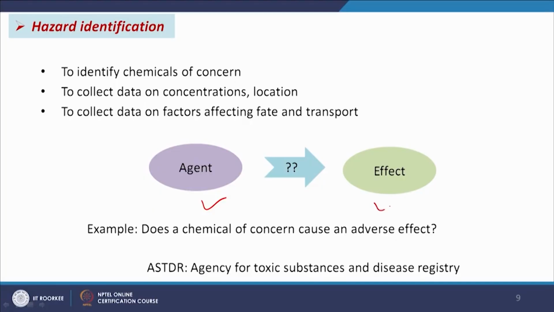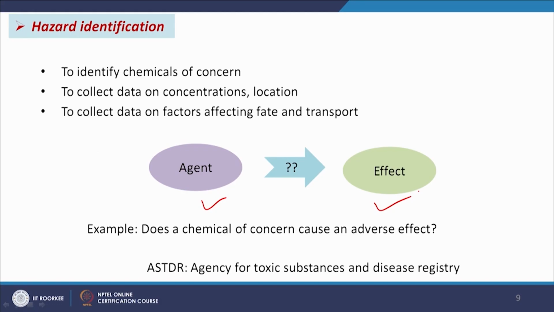Say we have got news that in such and such village many people are affected by cancers. What is the reason for it? We have to do that hazard identification. What is the agent and what is the effect? That is the first job, and it can be done by field work and studying the scientific aspects of this phenomenon.